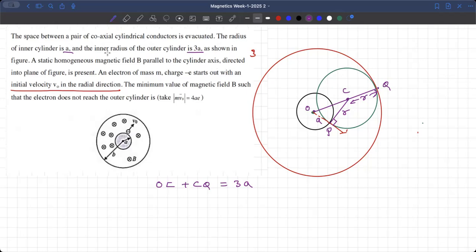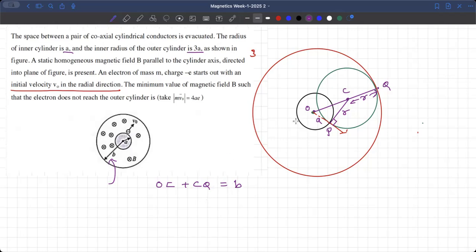We have given the inner radius of the outer cylinder as 3A. But in this diagram, they have given B actually. No issues, we'll use the terminology of B and finally substitute from the diagram. They have given B from center to outer surface, so we will take OC plus CQ as B only.